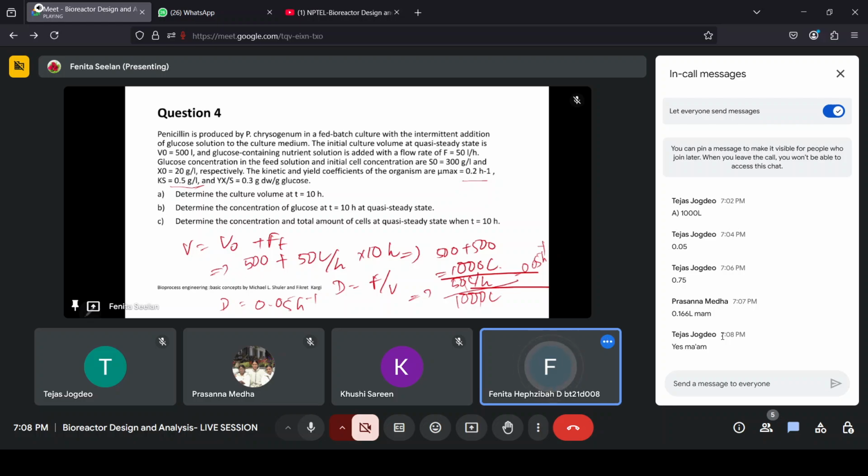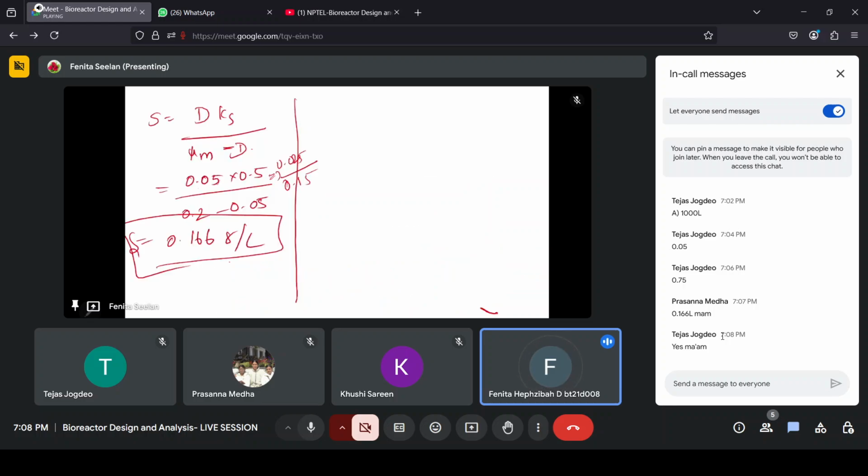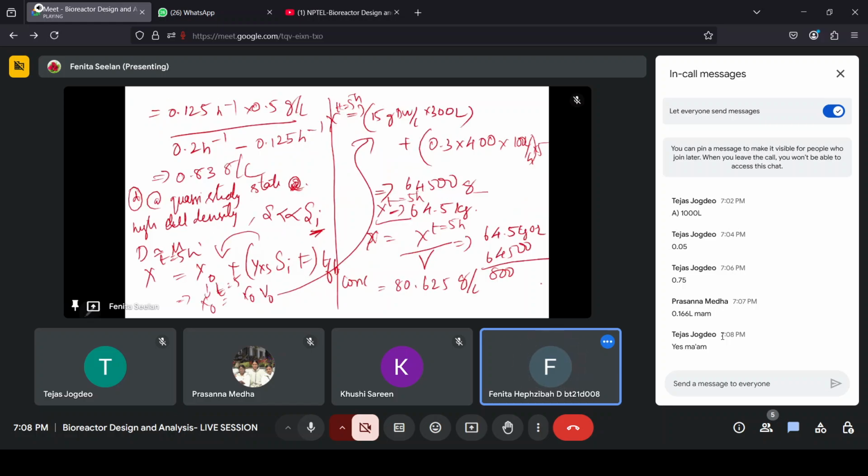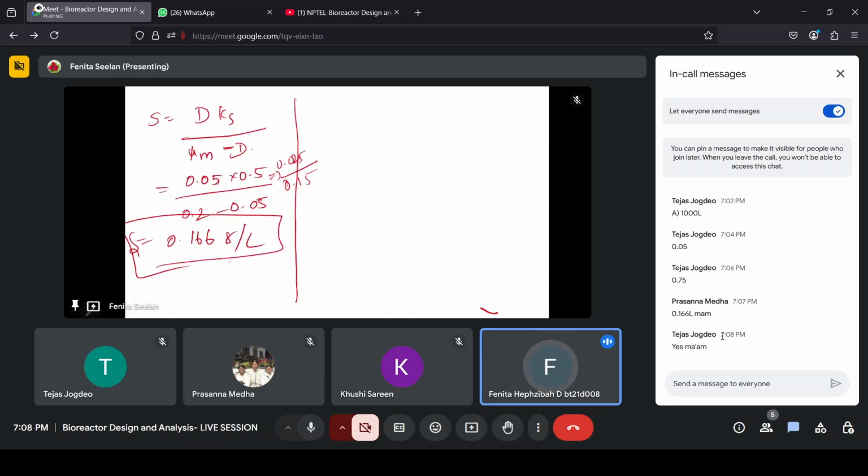So what is the C option? We have to calculate the concentration and the total amount of cells at quasi-steady state. How do we calculate? We have previously solved, right? The same formula here. X is equal to x naught plus Y x/s into your flow rate at time 10. So I'll write down here for you.